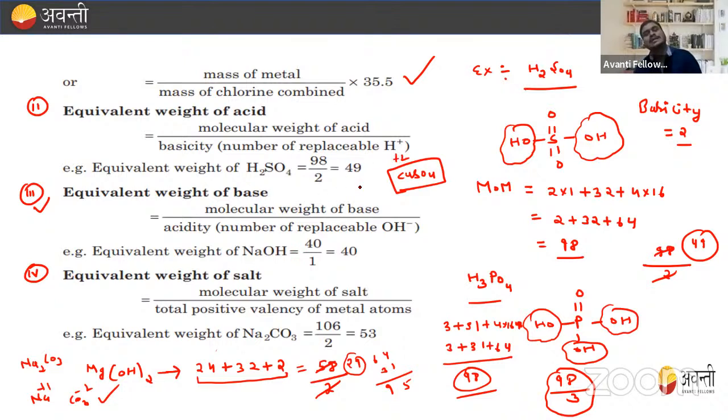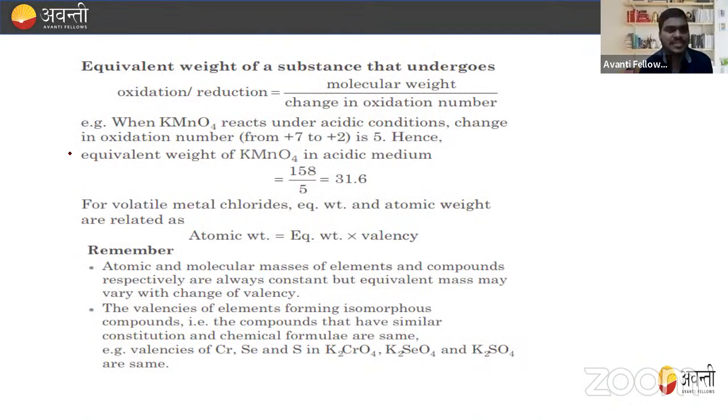Similarly in ZnSO4, Zn has plus 2. So this is how we can calculate the equivalent weight of a salt as well. This is the right way to calculate the equivalent weight of an acid, a base, and a salt. Now, let's move to the next important thing.